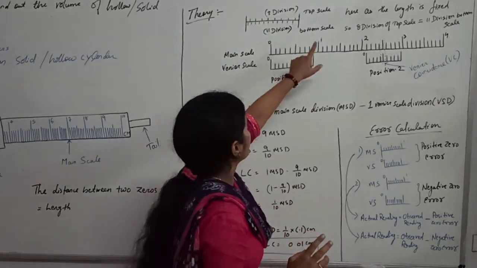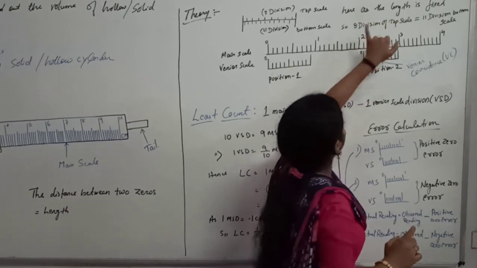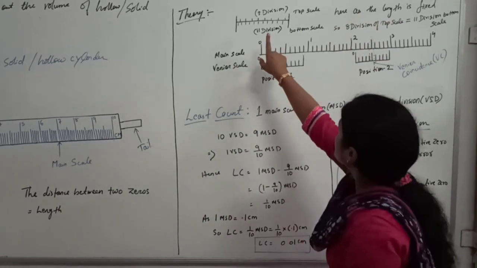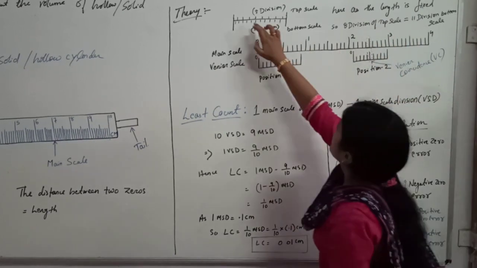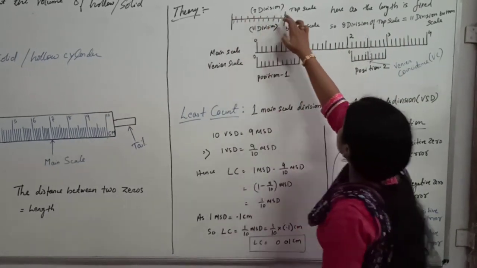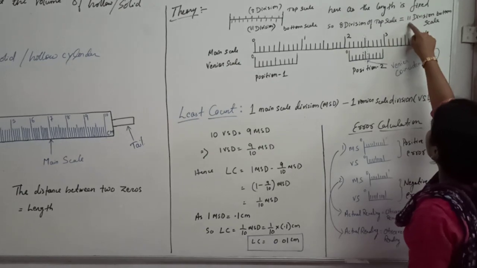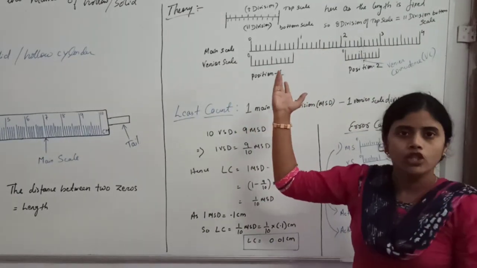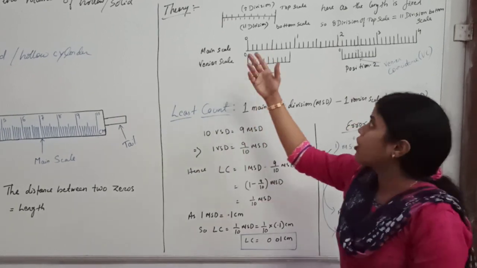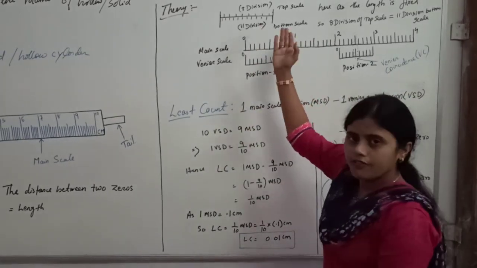You see, here as the length is fixed, I can write 8 divisions of top scale is equal to 11 divisions of bottom scale. There is nothing confusing in that, because the length is fixed.